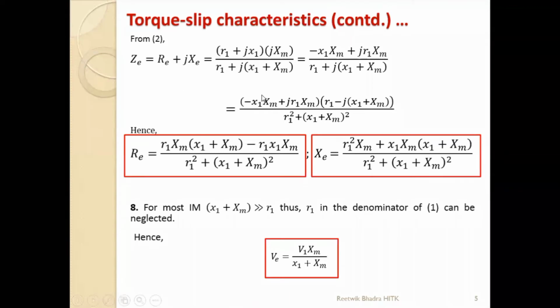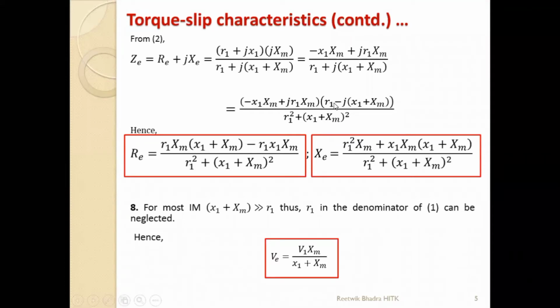So we'll first determine what is our real part. If I multiply my first term minus X1 XM into R1, it is a real term. So one real term will be minus X1 XM R1. Second real term will be this J multiplied by J gives you J square.